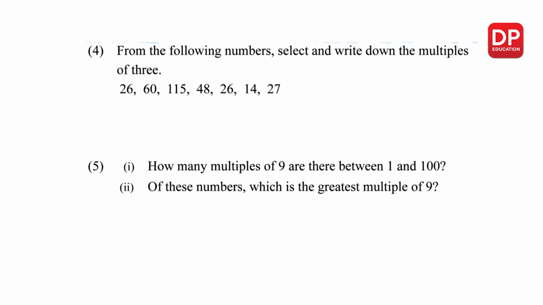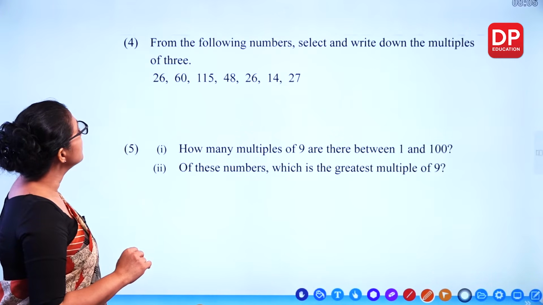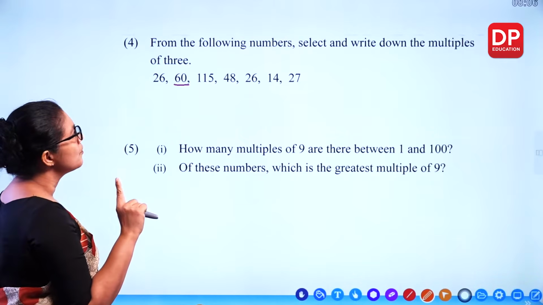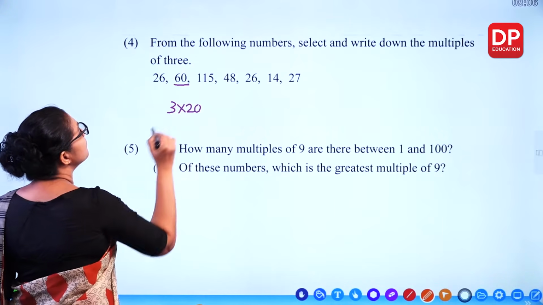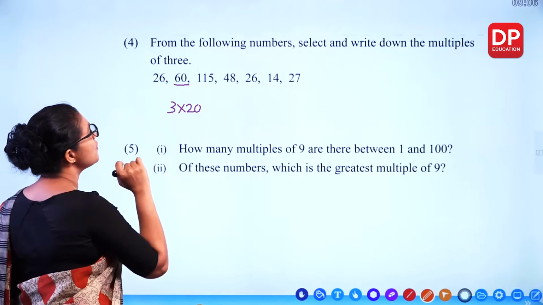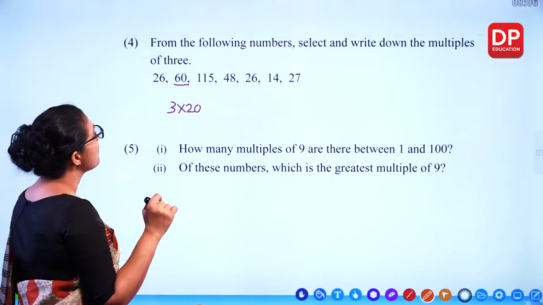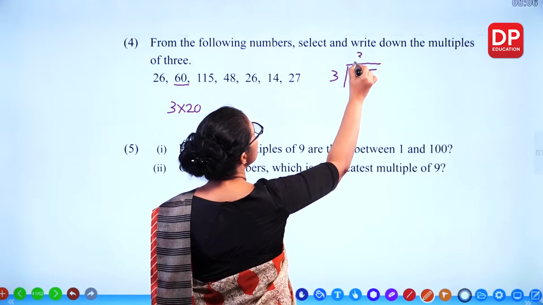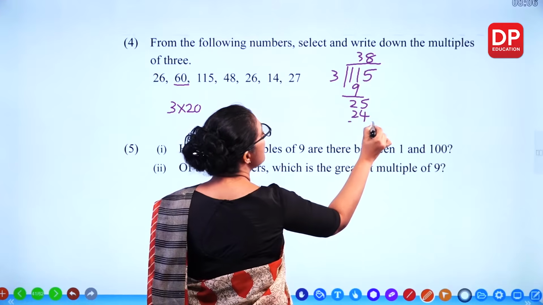From the following numbers, select and write down the multiples of 3. So multiples of 3 means it should be divisible. 60, 3 times 20. Now we'll check 115. It's not divisible by 3. So we can show that 115 is not divisible. 3 times 3, 9. For 25, that's 8, 24, and the remainder is 1.